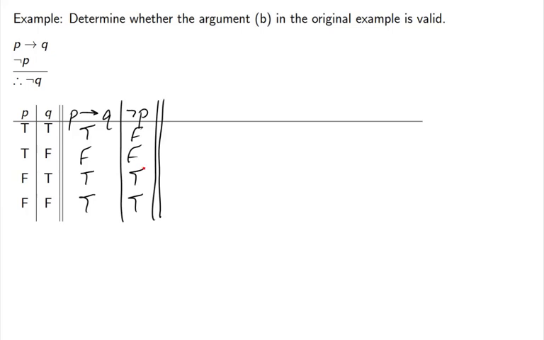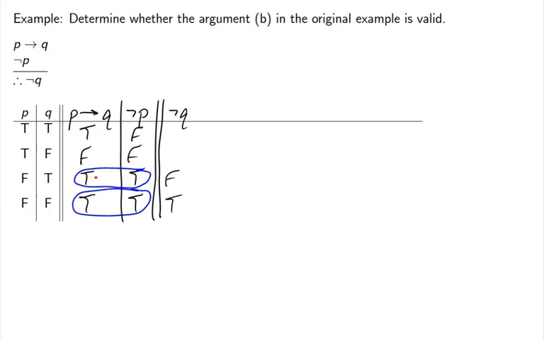This time we have two rows that have all the premises being true. What we'll look at is the negation of Q as my conclusion, but again, I'm only interested in writing it whenever the premises are true. Here, Q is true, so the negation of Q is false, and then Q is false, so the negation of Q is true. This is the problem.